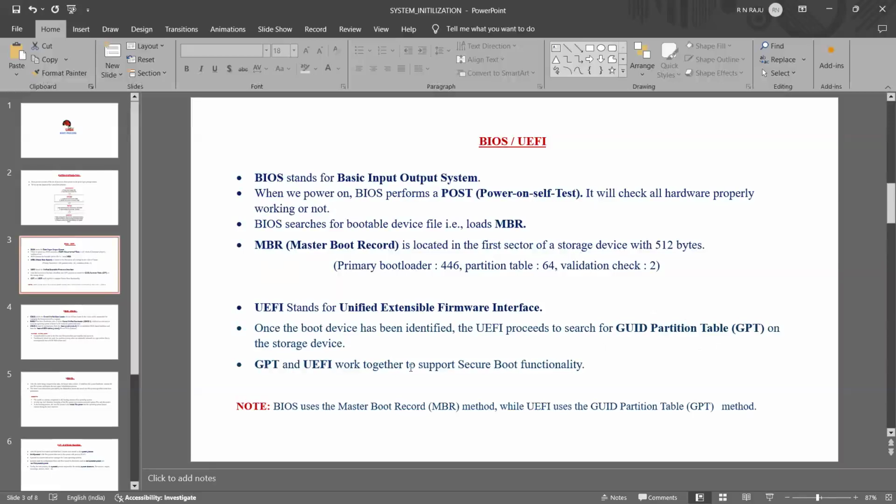So GPT and UEFI work together to support secure boot functionality. So remember, when the OS is booting with BIOS, BIOS uses the MBR record set. But when the OS boots with the UEFI method, then it uses GPT.